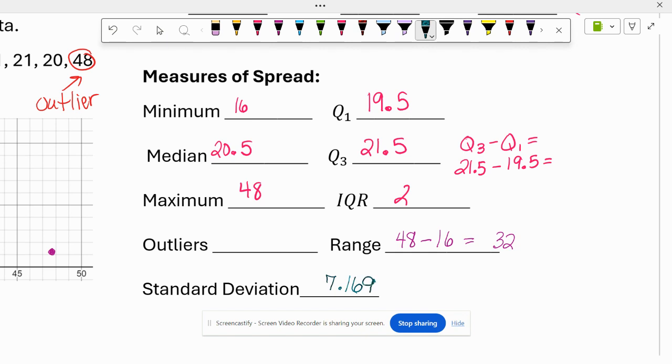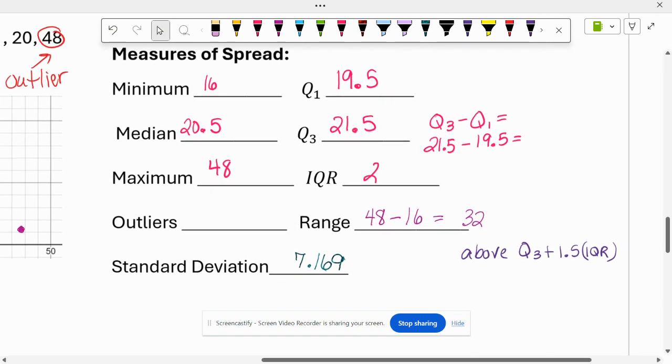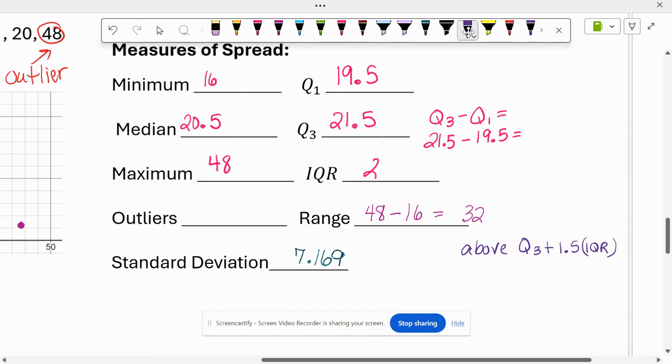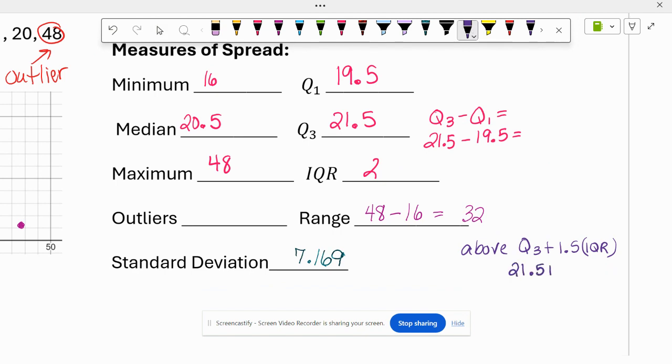All right. We have to figure out outliers, and we have to use that rule that's listed on the left-hand side of our paper. So let's see if we have outliers on the top. We're looking for anything that is above my Q3 plus 1.5 times my IQR. So what is my Q3? It's 21.5, right?